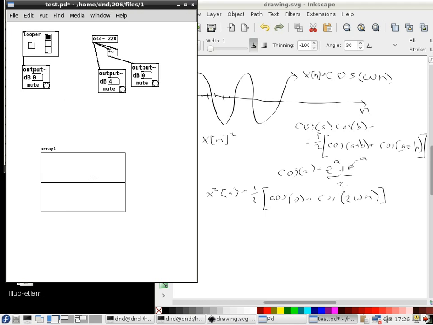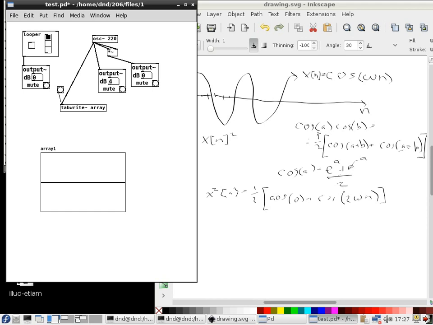And now what I'm going to do is put the signal in it using the wonderful tabwrite~ object with an I, which takes a signal and which takes a bang message to tell it to go. And if I haven't forgotten anything, oh, name the array.